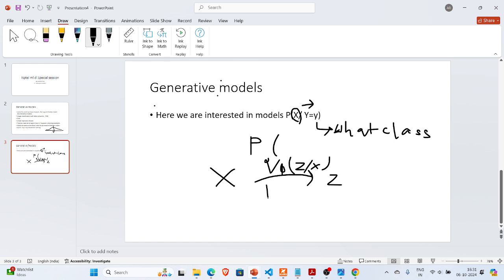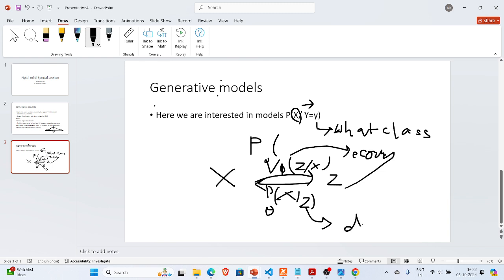Next is the reverse process of decoding, or denoising, p of x given z, where the parameters are theta. This is what we have learned. This process is called encoding or encoder, and this process is called decoder.